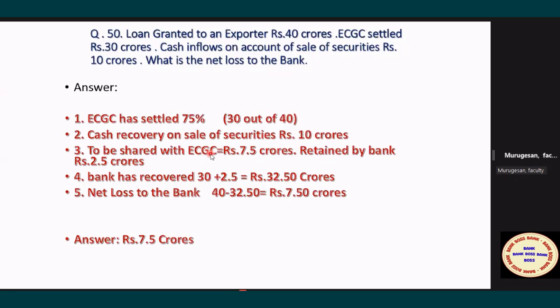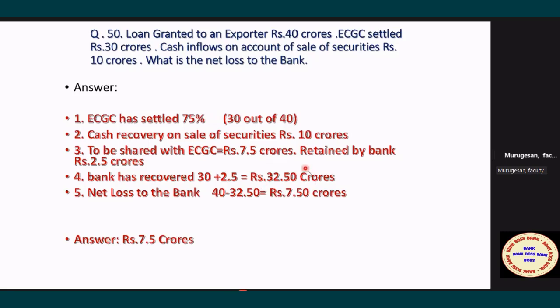The 10 crore is not money coming from ECGC. It is coming out of our efforts. 30 crore is coming from ECGC, so the overall loss of 30 is already covered. In the recovered component, we can return only 2.5.